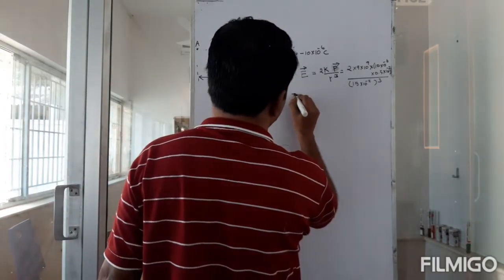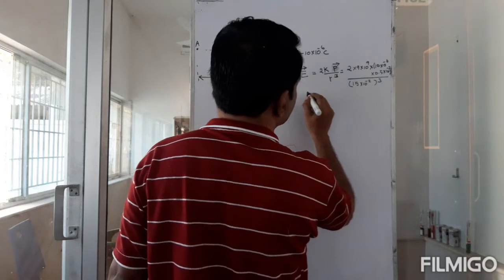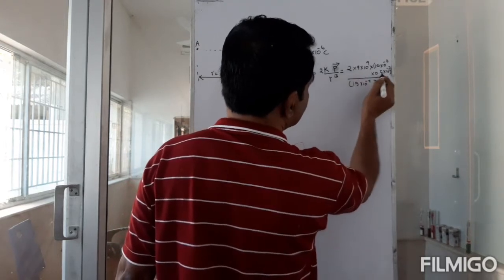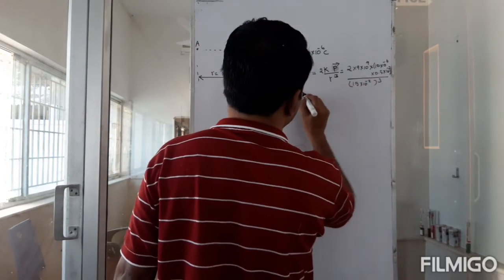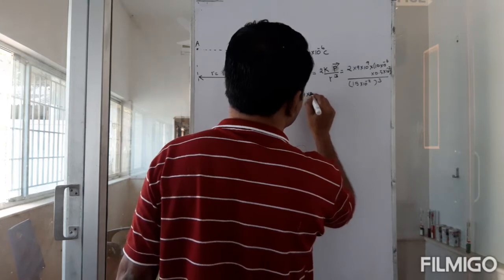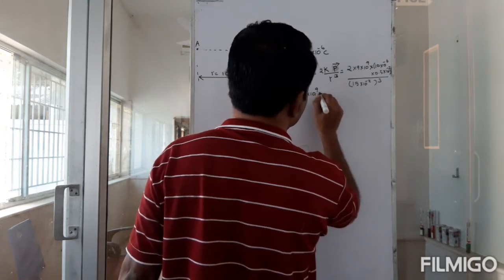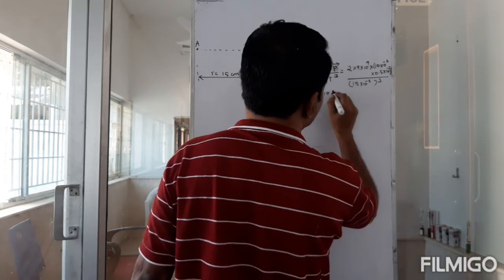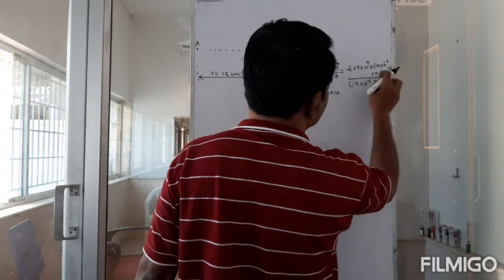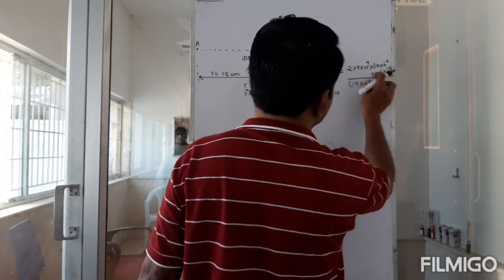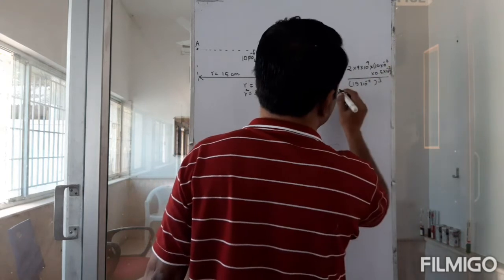So this 2 into 0.5 will become 1. So simply I'm going to get 9 into 10 power 9 into 10 into 10 power minus 6, the 0.5 is gone because 2 into 0.5 is 1, into 10 power minus 2 gives 10 power minus 8.